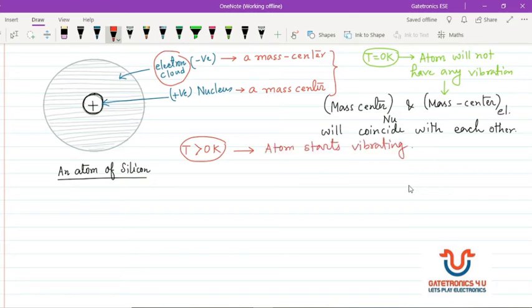When the atom starts vibrating, it will vibrate in this fashion, in this direction, up and down.